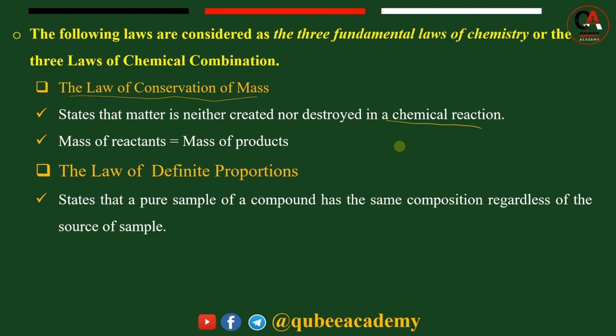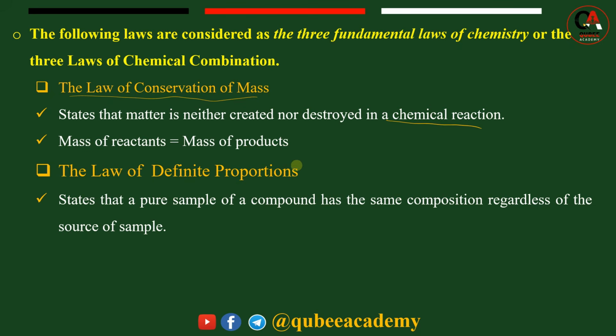Means that when we say this, the mass of reactants must be equal to that of the mass of the product. Means that when an atom reacts with another atom to produce the compound, there is no mass loss. It means that the mass of the beginning must be equal to that of the mass of the last we will obtain.